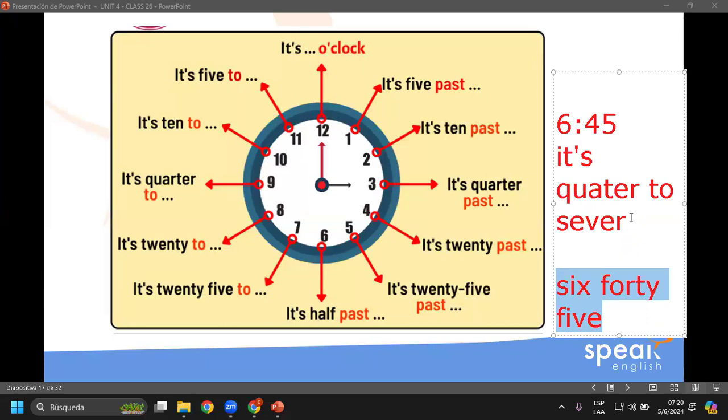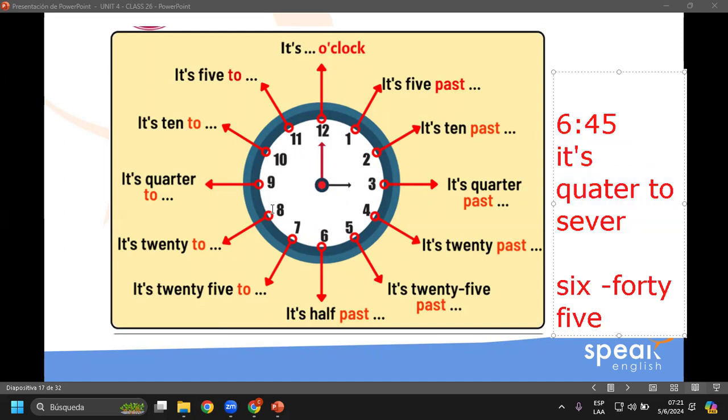Now, of course, the second option is easier. Yes, but we need to practice both. Because remember, imagine that you are talking to someone and that person is using this way. You won't understand. So it's necessary to practice both.